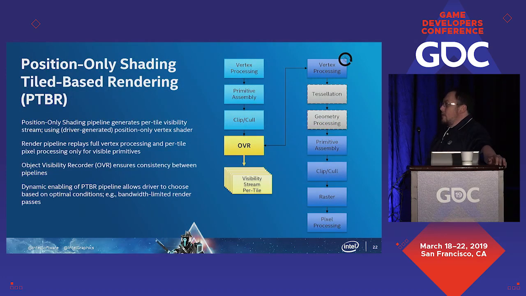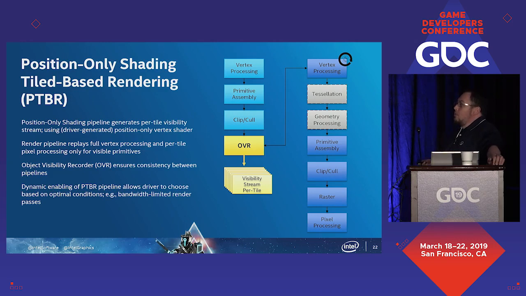So what we have is something that we call PTBR. It's position-only shading, tile-based rendering. On the left-hand side, this pipeline is actually a second geometry pipeline that is running ahead and calculating position only. The driver is doing its magic, taking the vertex shaders from the application and recompiling them to only calculate position.